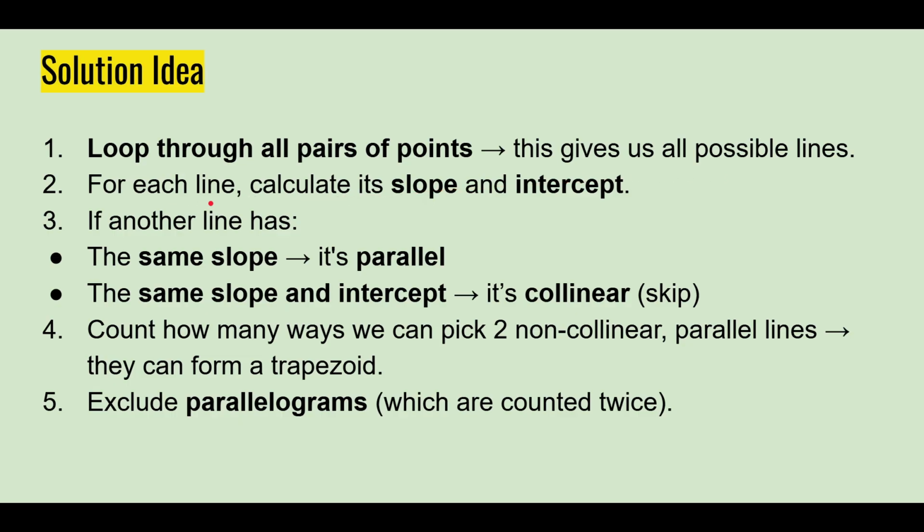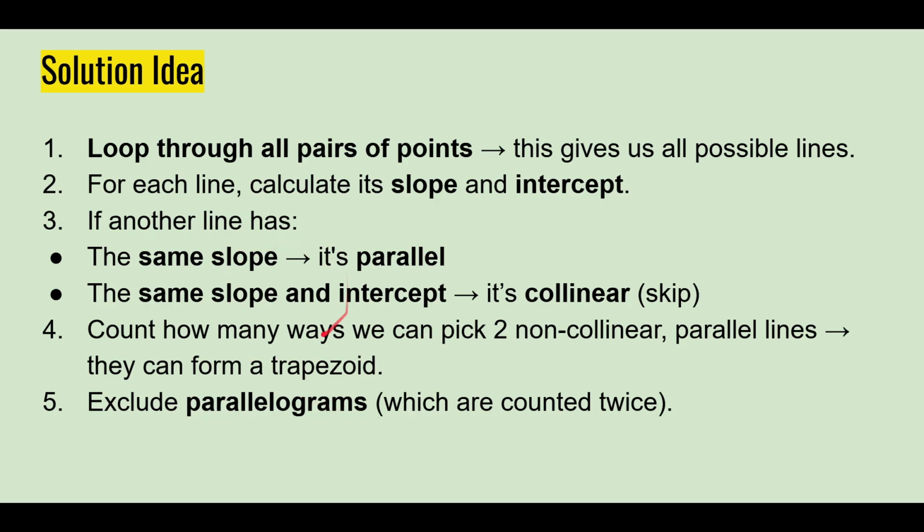For each line we'll calculate its slope and intercept. If another line has the same slope and the same intercept, it's collinear, so we will skip it. Then we'll check how many ways we can pick two non-collinear parallel lines, which can form a trapezoid. And we also exclude the parallelograms, which get counted twice.